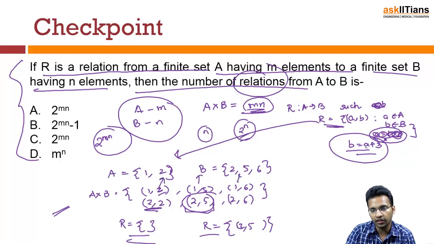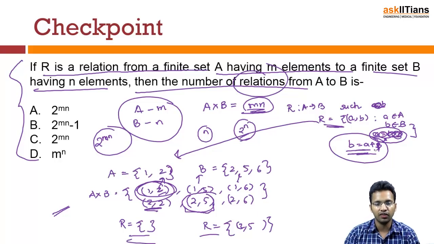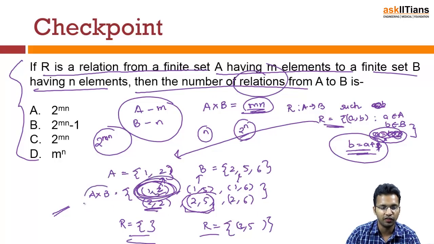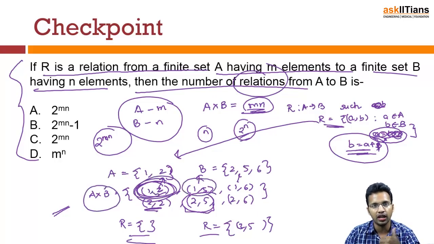If I had said a plus 1, then this would have been the choice, right? So it has to be clear that depending on the definition, you will have different sets of relations. The different relations possible will be subsets. If I am taking this one, this is a subset of A cross B. If I am only taking this one, again it is a different subset of this cross product. So this should be very clear now, what a relation means.